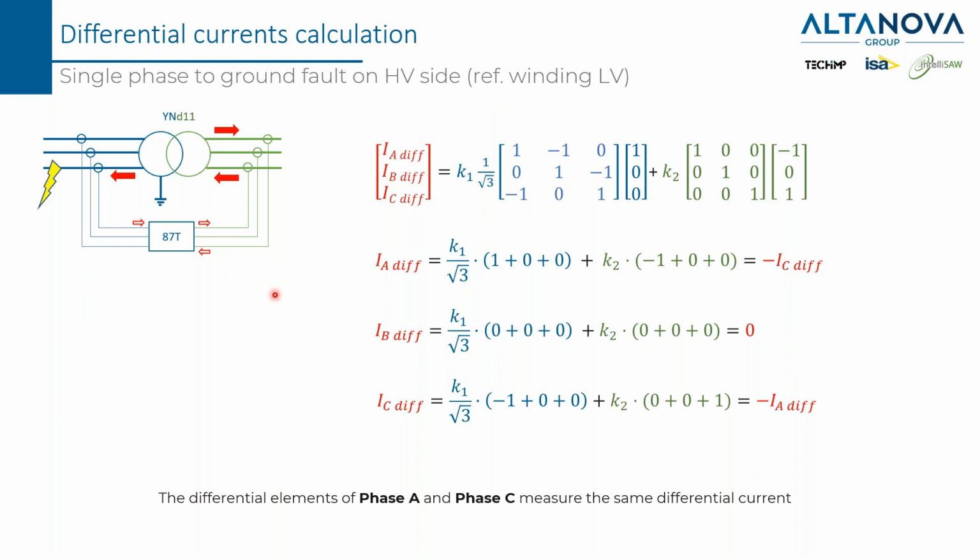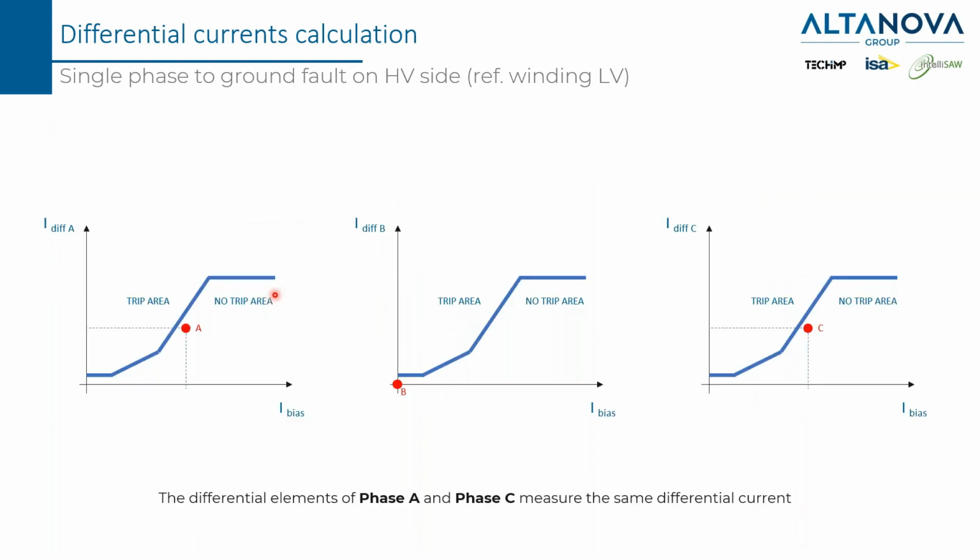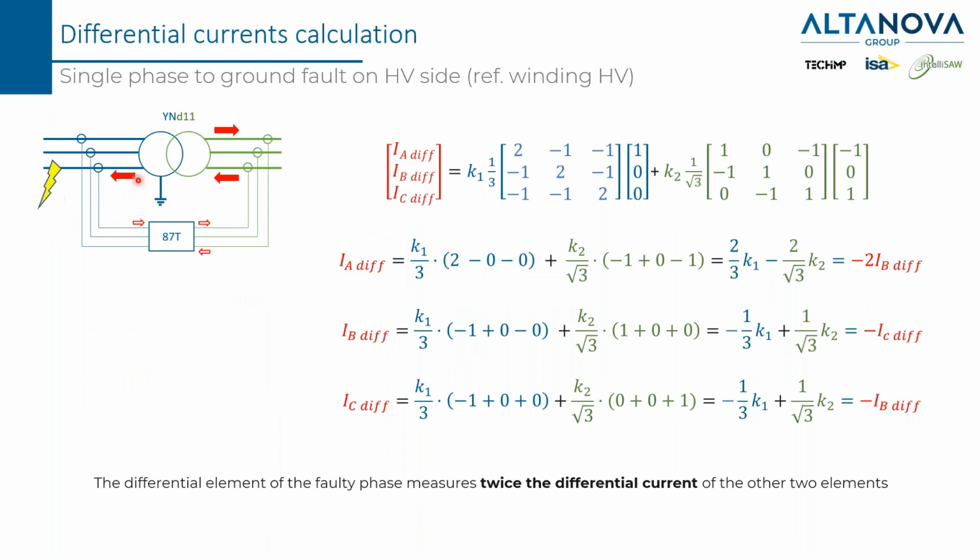And that's why I'm explaining a second example. So now the situation is the same. There is a single phase to ground fault on phase A, on the high voltage side, but I'm applying different calculations.